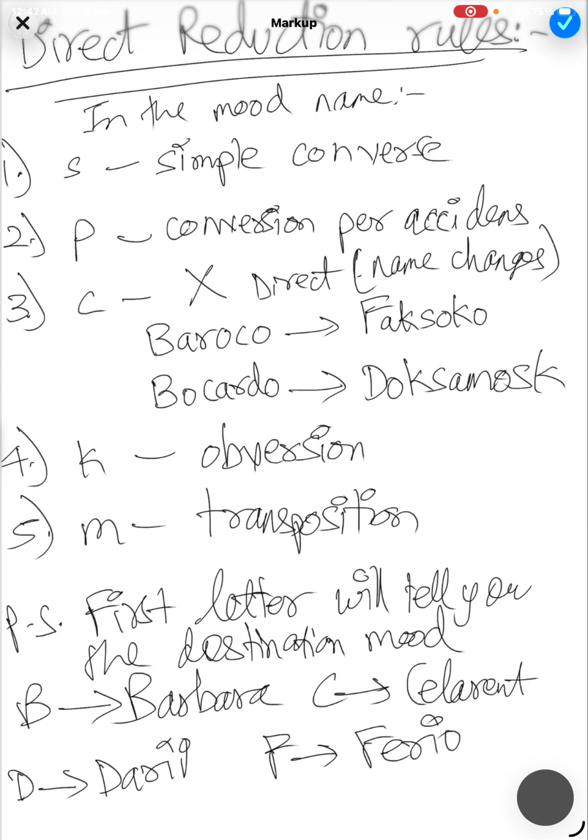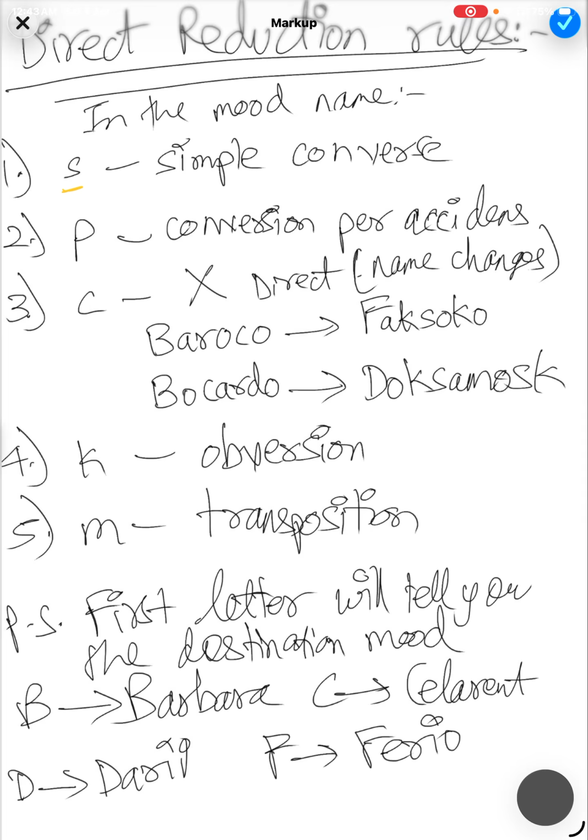Okay. Now, anything apart from the first letter is the middle of the name. So if in any of the valid modes, in the given mode's name, apart from the first letter, you have the letter S, that means simple converse. Simple converse is converting, interchanging the subject with the predicate.